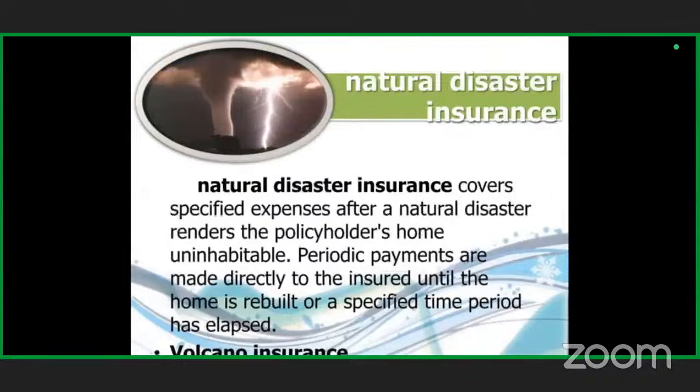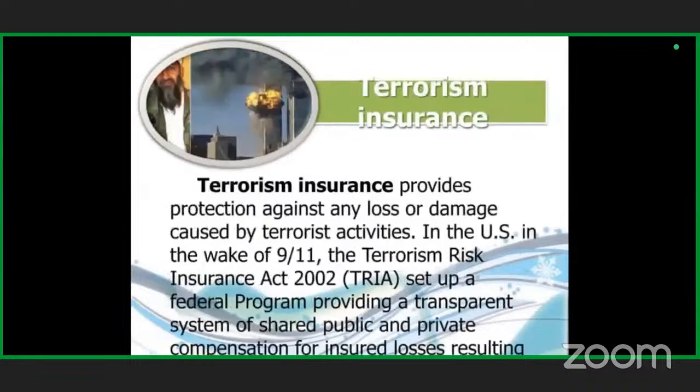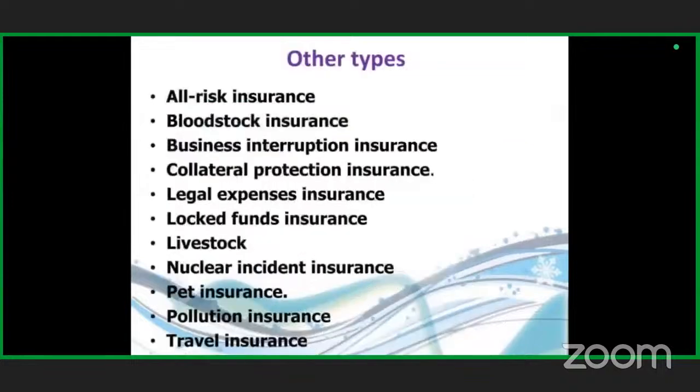Natural disasters insurance covers specified expenses after a natural disaster, such as storms, etc. Terrorism insurance is also one kind of insurance. You might know about the 9/11 attacks in the US. Losses because of terrorism will be covered by terrorism insurance.